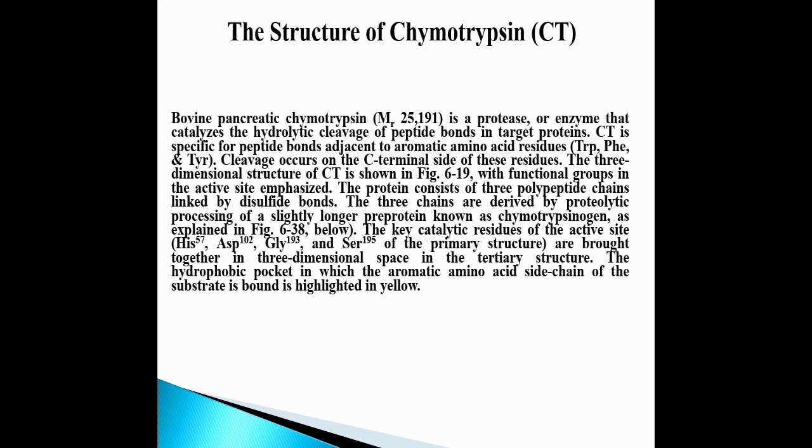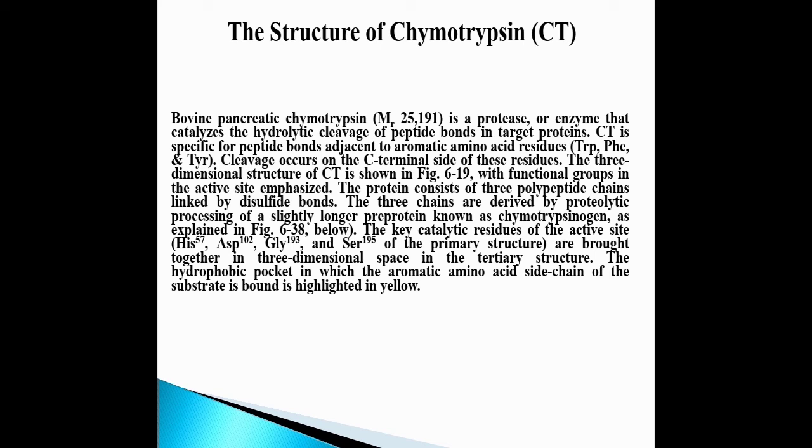The three-dimensional structure of CT is shown in figure 6.19, with functional groups in the active site emphasized. The protein consists of three polypeptide chains linked by disulfide bonds. The three chains are derived by the proteolytic processing of a slightly longer protein, as shown in the figure.